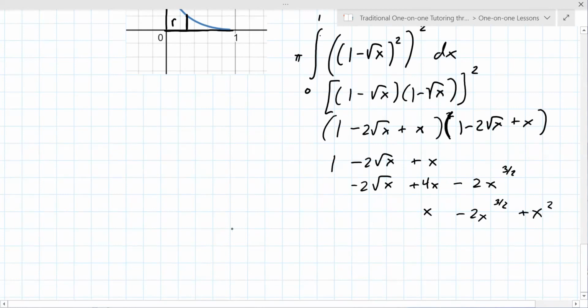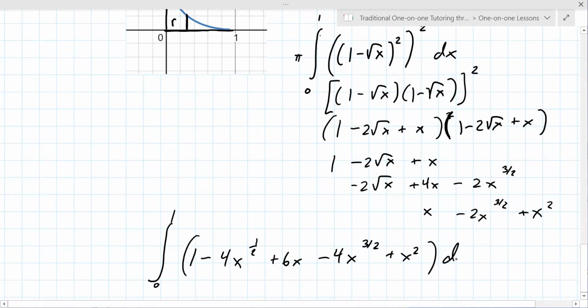So, and we haven't even integrated yet, you integrate from 0 to 1 of 1 minus 4x to the 1/2 plus 6x minus 4x to the 3 halves plus x squared dx. And this is a fairly reasonable antiderivative. There's a lot there, but it's doable.